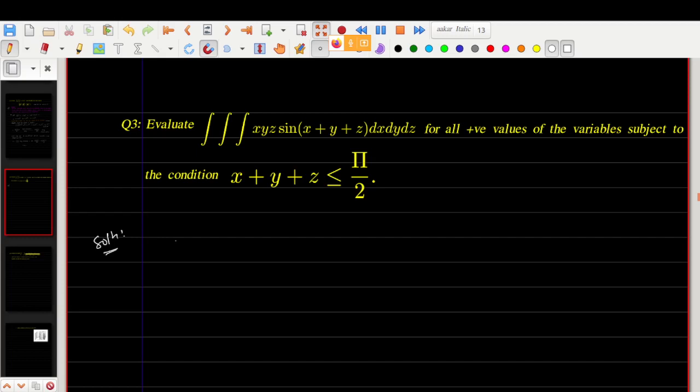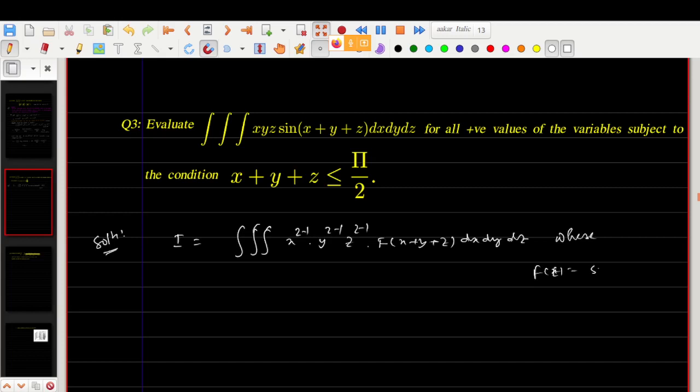So for that, I equals the integral of x^(2-1) y^(2-1) z^(2-1) and sine of, let me write it here so that it becomes more convenient, dx dy dz, right, where f of t equals sine of t.